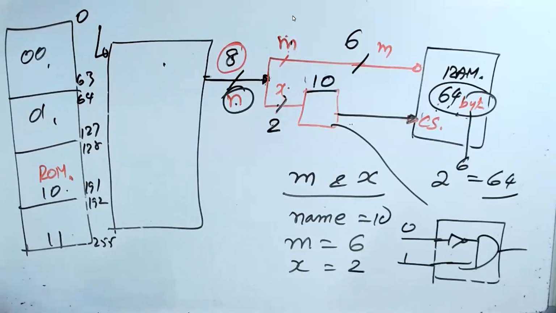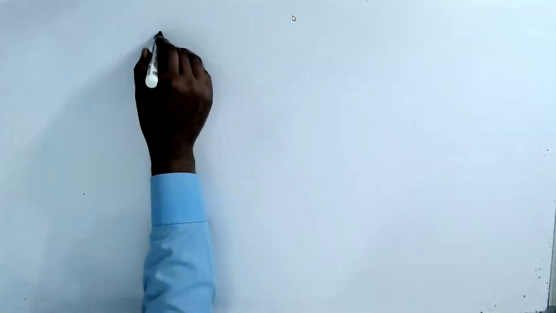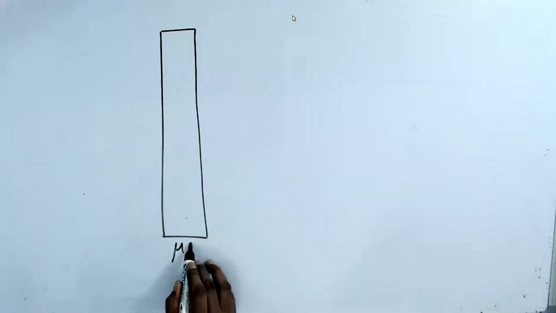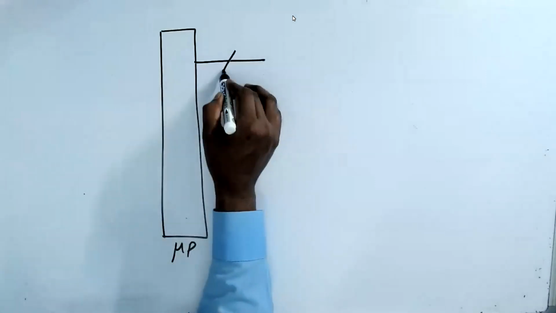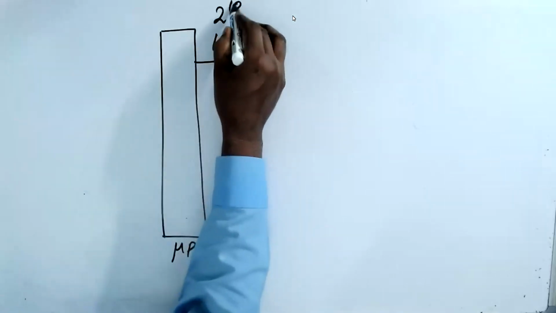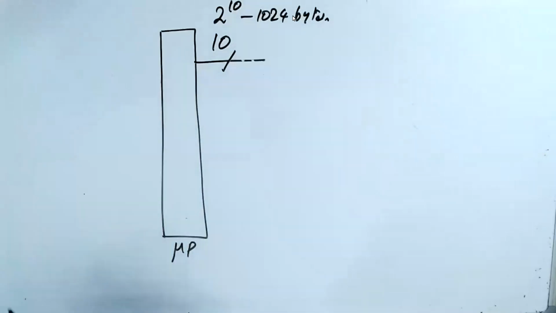Now let us take one more, then let's see how you do that. I have a microprocessor which has 10 address lines. That means 2 power 10 is 1024 bytes, 1K.